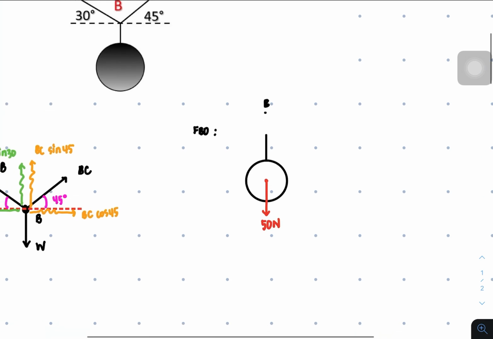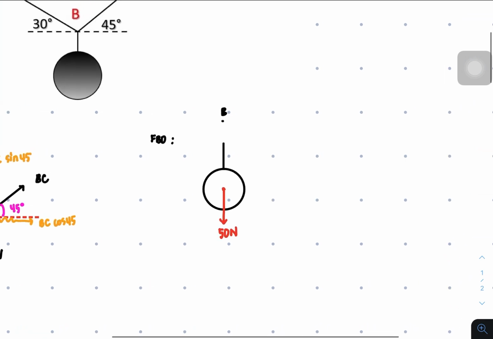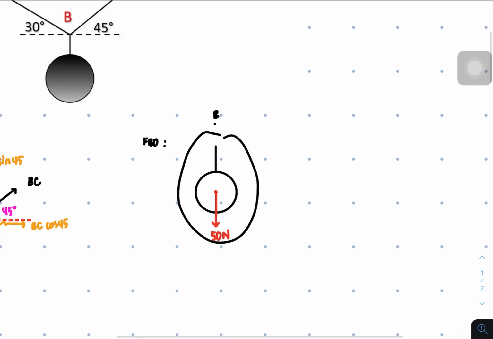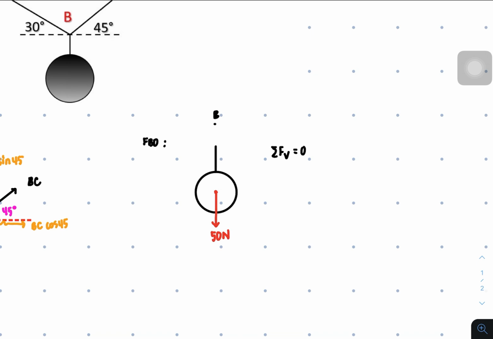So what would be the direction? Of course, to supply equilibrium, we have to get the summation of forces vertical equal to 0. So to make it 0, since 50 is downward, which is always downward because that's a weight, this force here, or W, is upward.